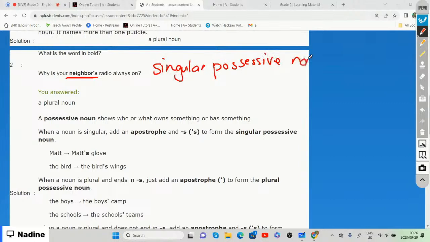So your neighbor, but your neighbor's radio. So that is a singular possessive noun.